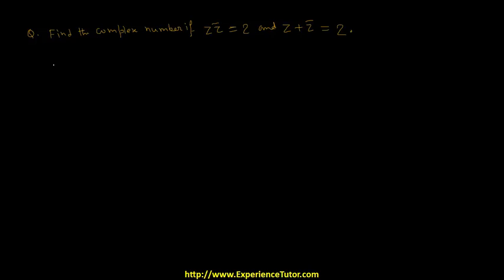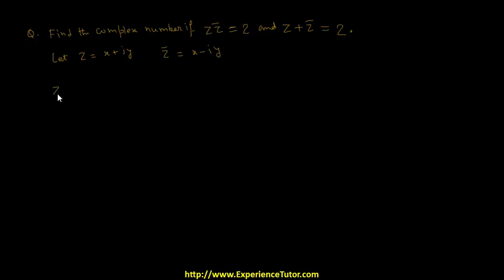Now let z is equal to x plus i y. Therefore, conjugate of z will be x minus iy.